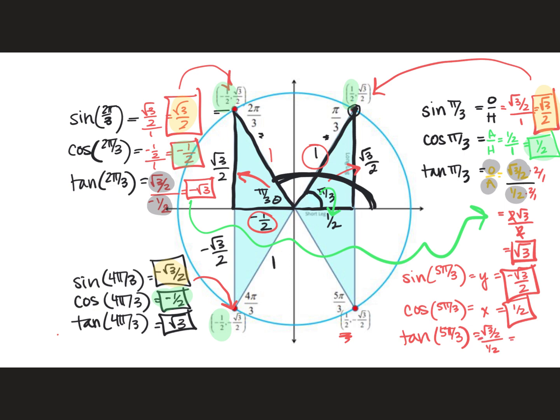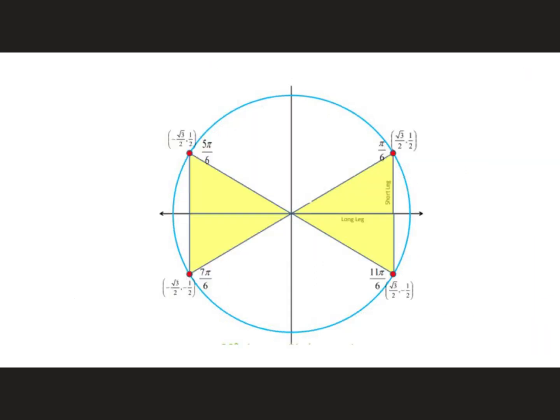I already know it's going to simplify down to radical 3, right? But we do have a negative on the top. So here what you have is kind of all of the work that shows us how we can find the trig functions. But what I ended with in red is going to be the ticket to finding them quickly. So let's move to the next one.